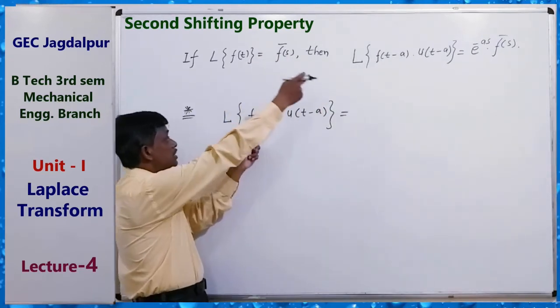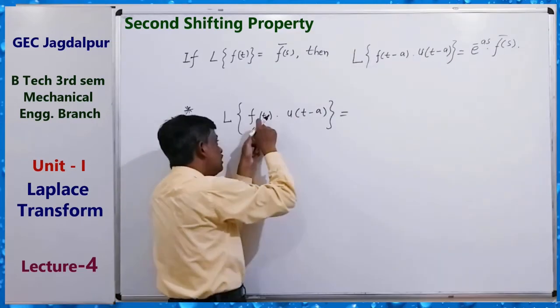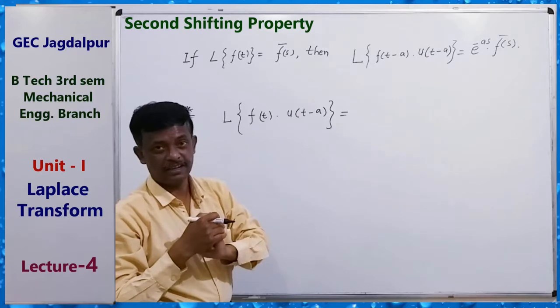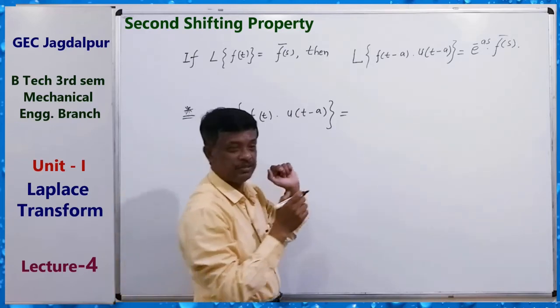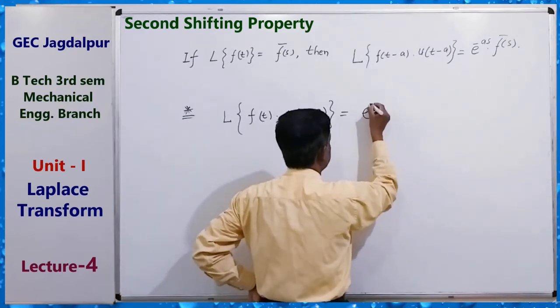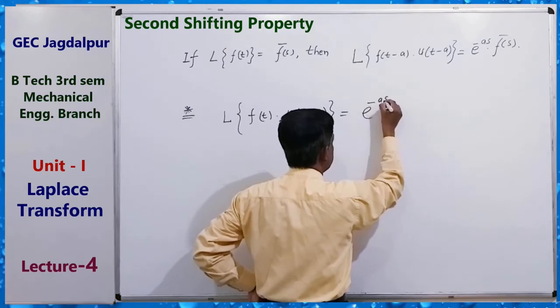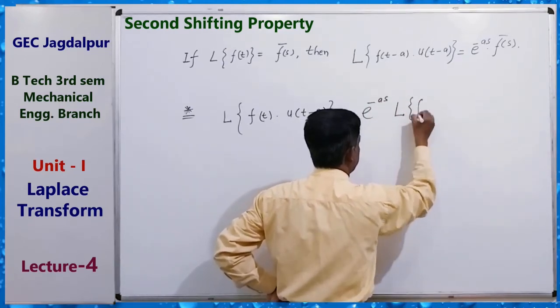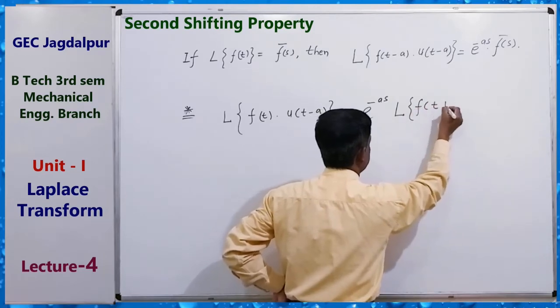Here, in place of f(t minus a), we have f(t). So f(t) u(t minus a) is equal to e to the power minus as times the Laplace transform of f(t plus a).